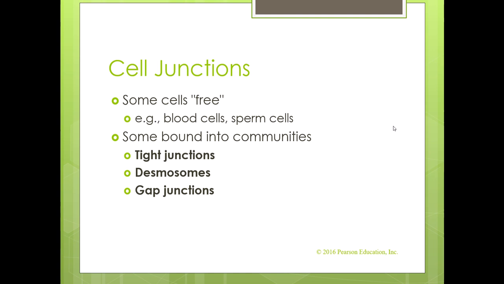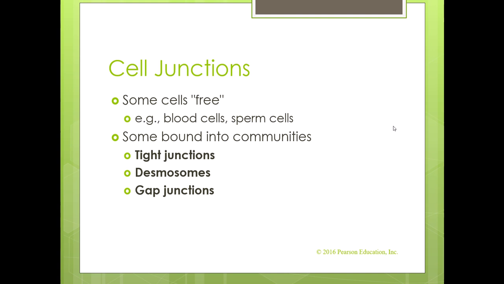Well, there are 3 ways in which cells come together into tissues: tight junctions, desmosomes, and gap junctions. The tight junctions and the gap junctions are about permeability, in terms of stuff moving from one cell to another cell. Which one do you think is more permeable?